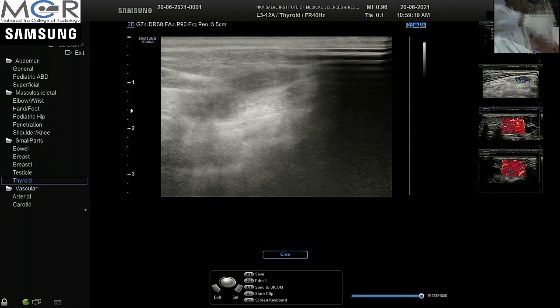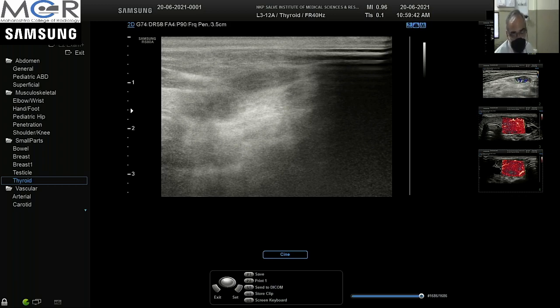Right. So we end up with this patient that there are two large nodules. One of them is at the inferior pole, has some retrosternal extension, and appears solid. The other lesion is at the superior pole or the upper pole, has some calcification and some cystic areas.